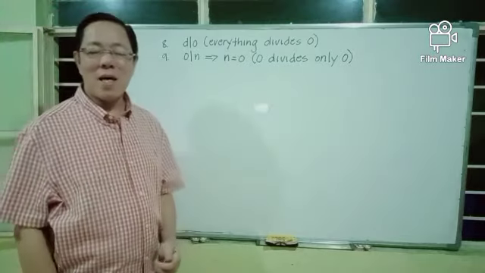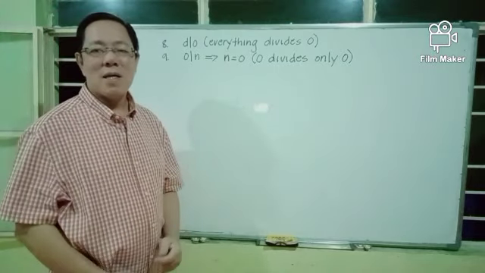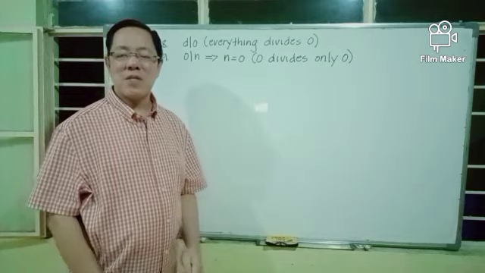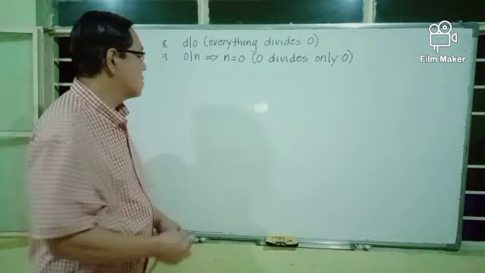We now prove the 8th divisibility property: d divides 0. Every integer divides 0.